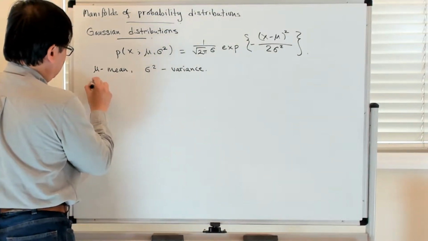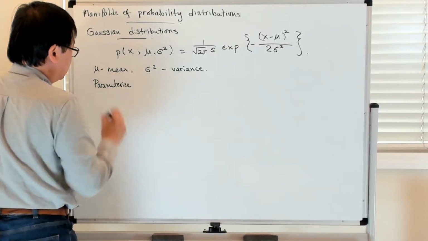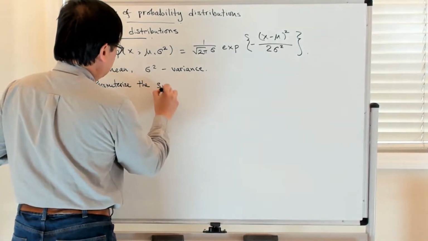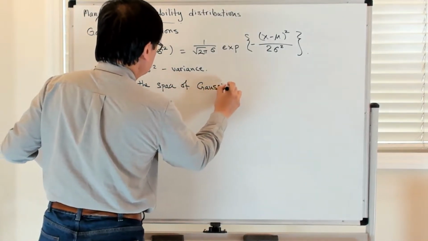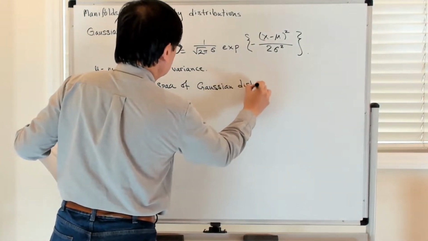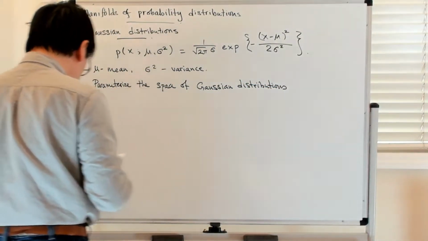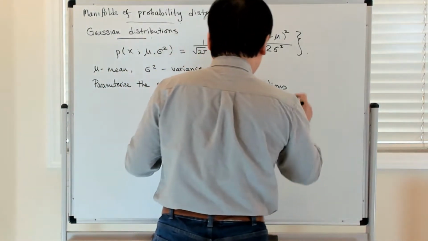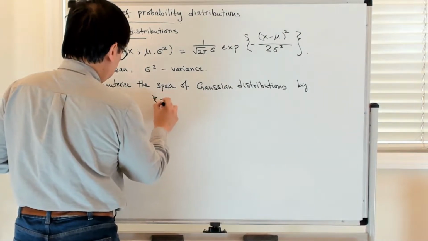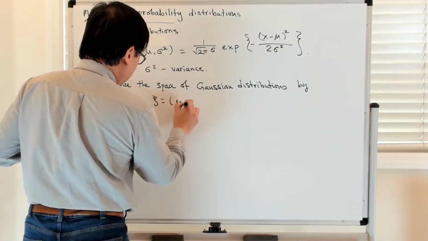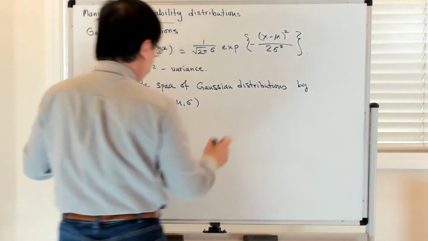So we can parameterize the space of Gaussian distributions by the following coordinates. If you just have mu and sigma, then you just need that sigma is greater than 0.